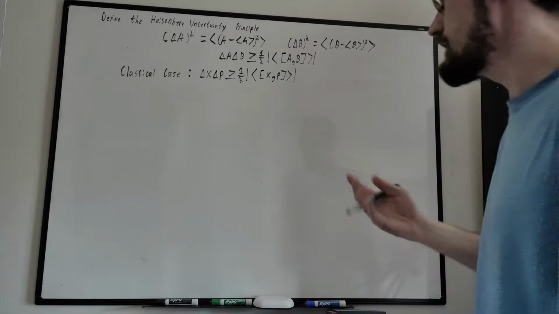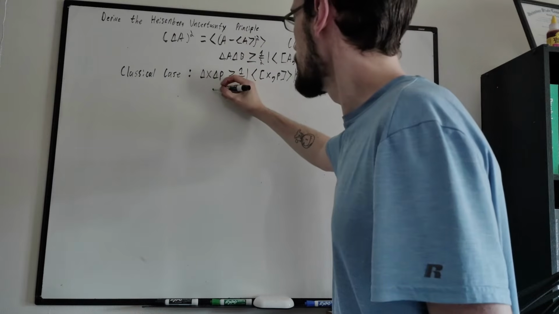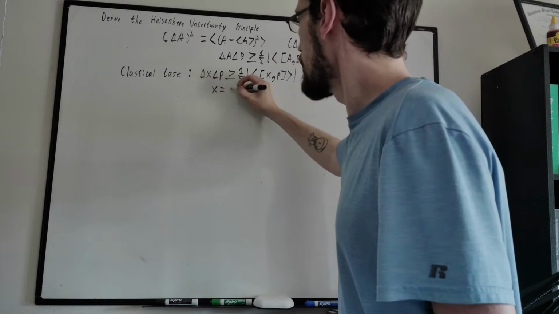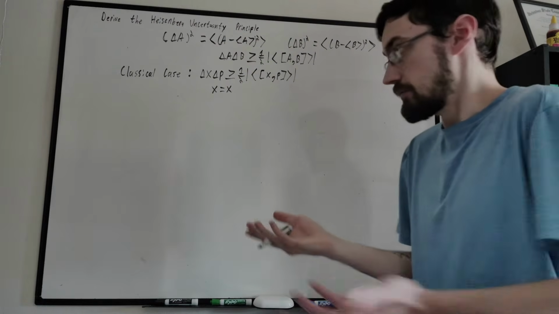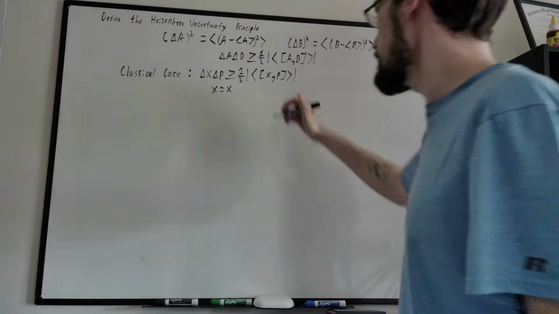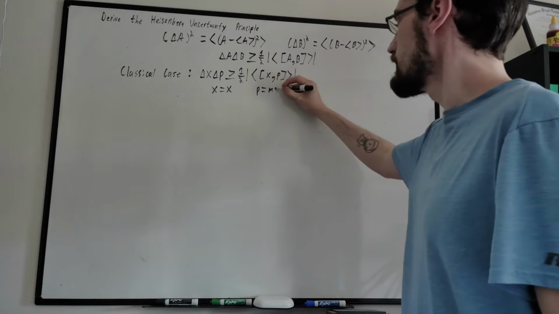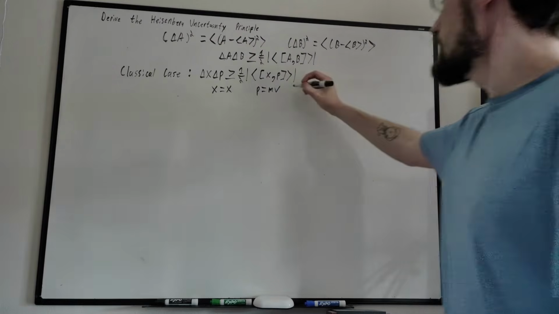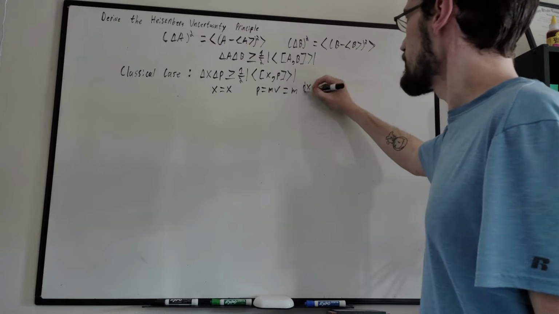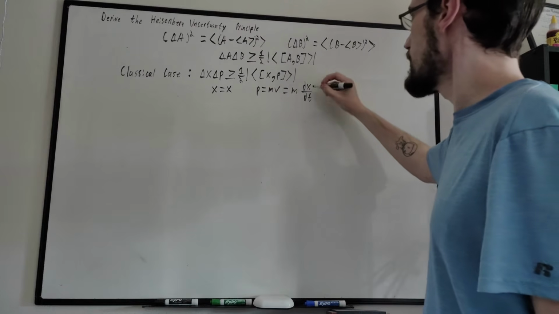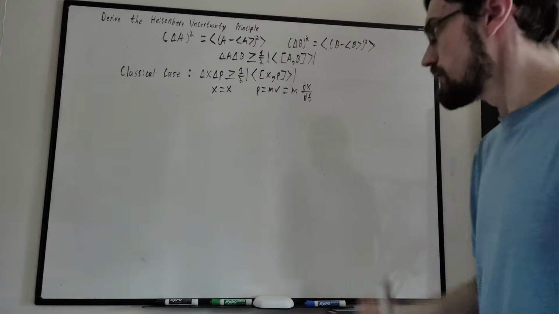Now, we don't have to take the modulus of an expectation value, and the reason why is this. Our classical position observable is just position itself. That's pretty nice. And momentum, p, is equal to mass times velocity. And mass times velocity is just mass times the derivative of position with respect to time. This derivative here is the calculus definition for velocity.